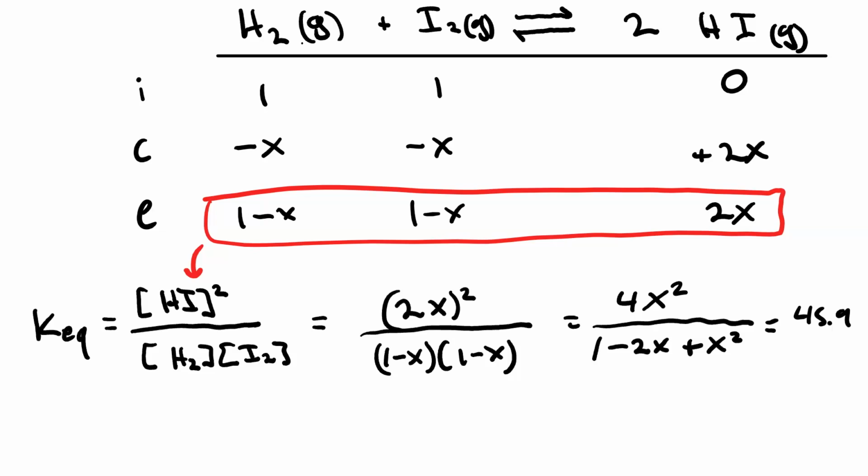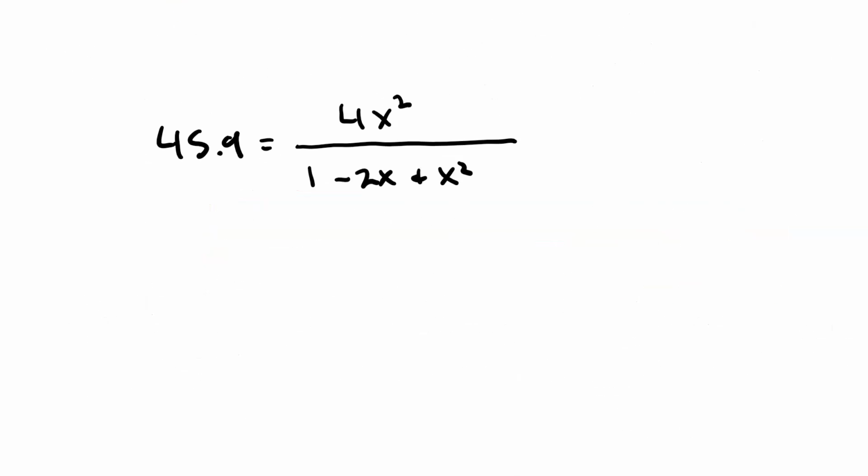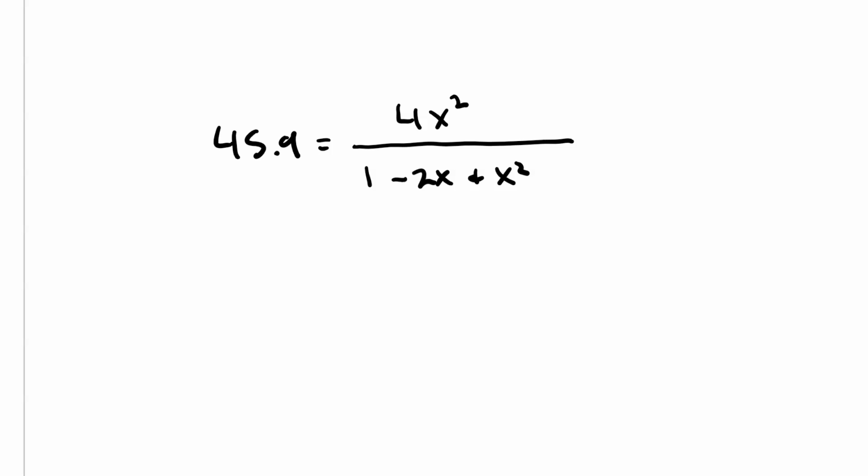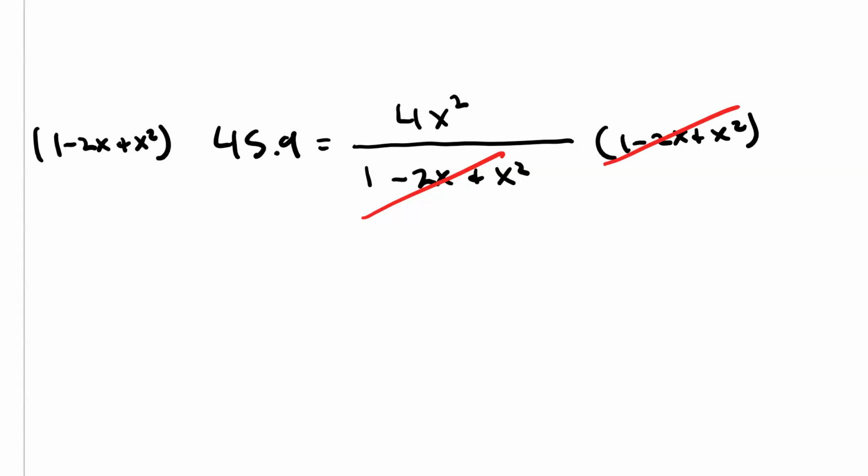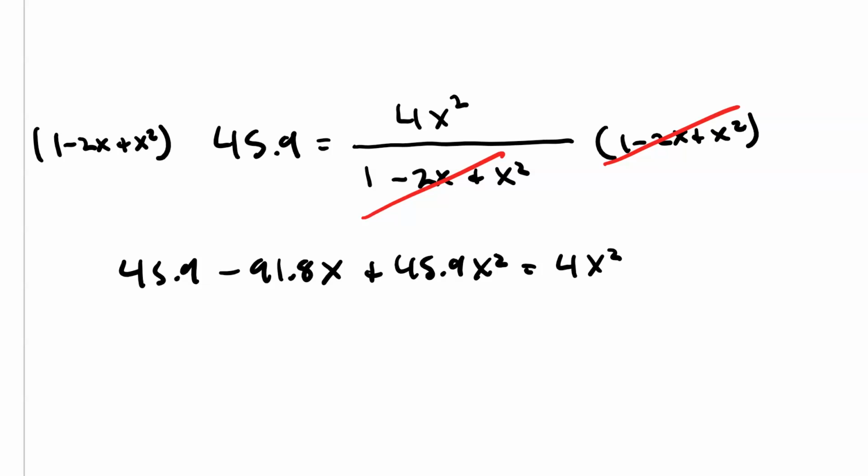Now we can solve for x. So from here, I'm going to multiply both sides by the denominator, 1 minus 2x plus x squared. And we get 45.9 minus 91.8x plus 45.9x squared equals 4x squared.